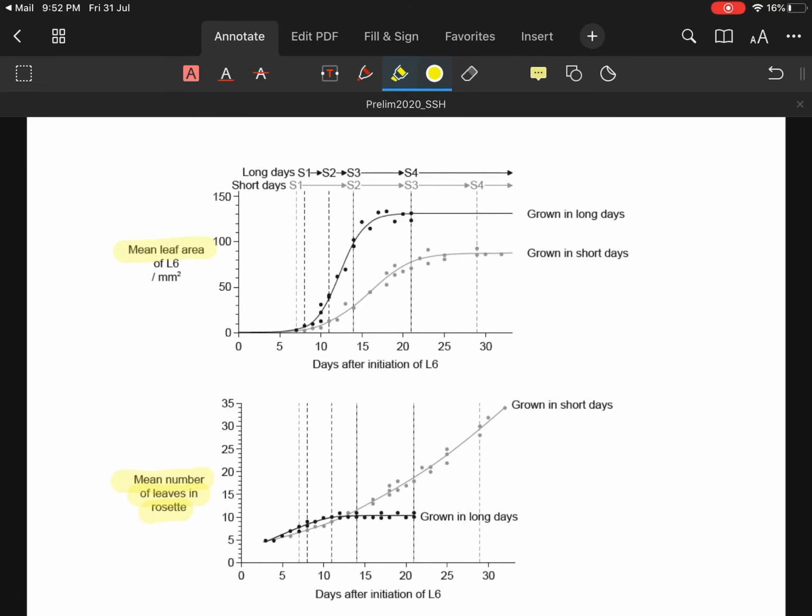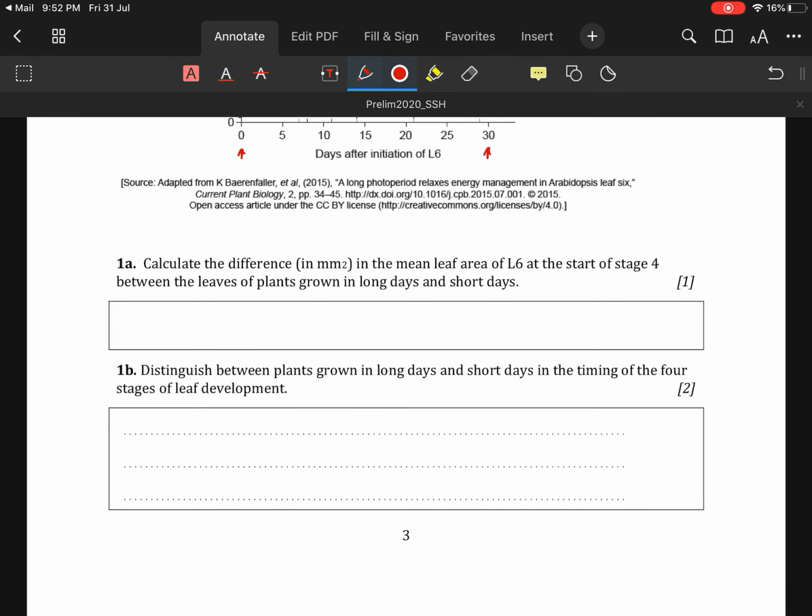Now in the graph, you can see that it's from day 0 to day 30, and leaf area is going from 0 to 150, and the number of leaves in that 30 days, 1 month, is going from 0 to 35 in the graph.